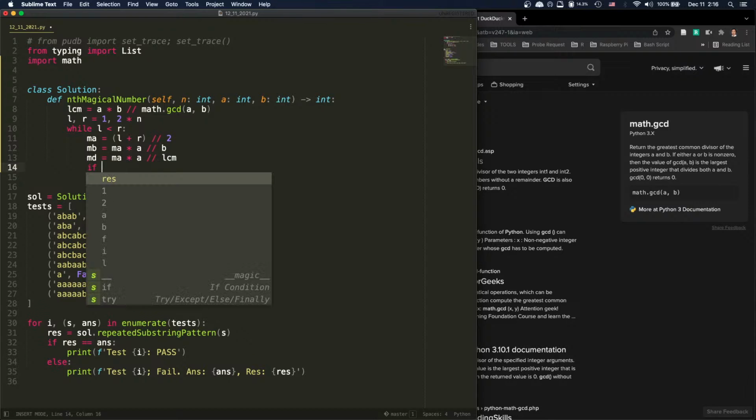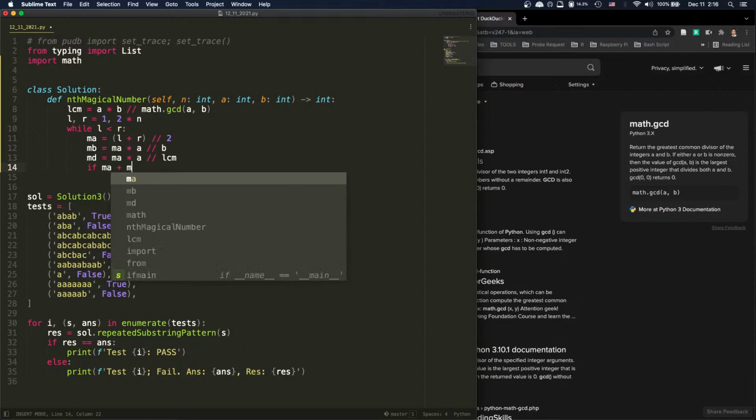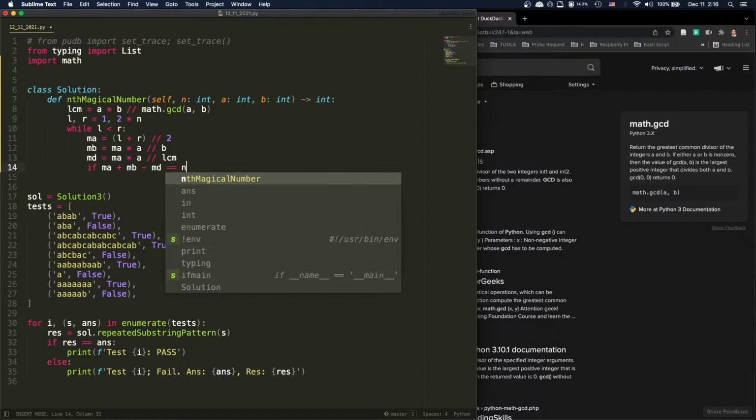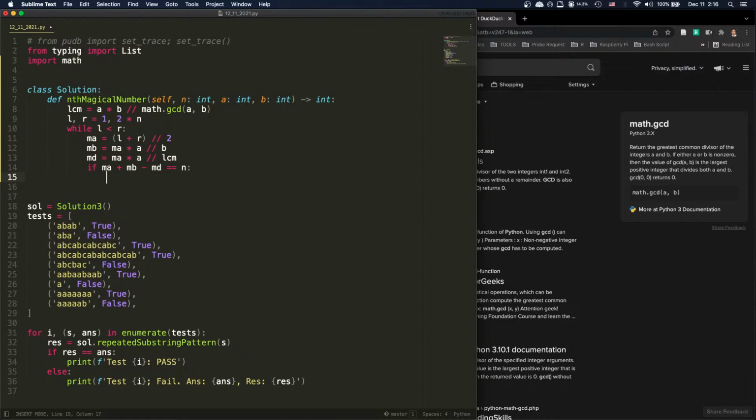And we say if MA plus MB minus MD equals n, right, then we're going to return MA times A mod, right?